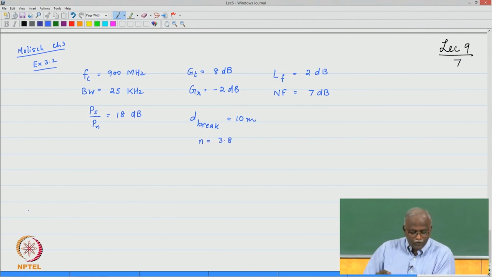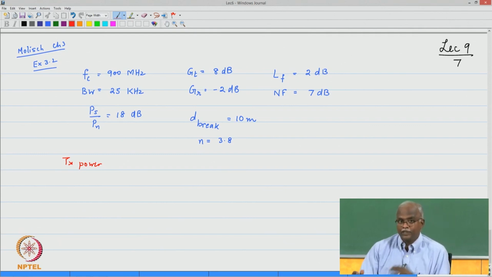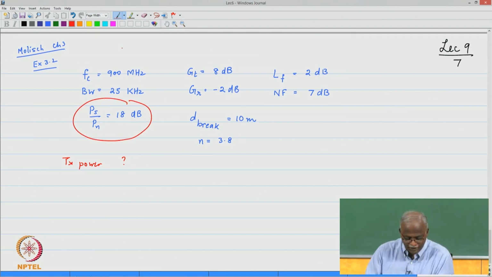Now the question that we would like to answer, which is a very important question, is what is the transmit power? Under these assumptions that we have explained in this example, what will be the transmit power that will ensure that we achieve a PS by Pn of 18 dB with these conditions mentioned here.